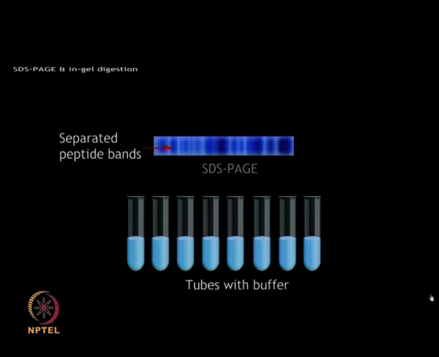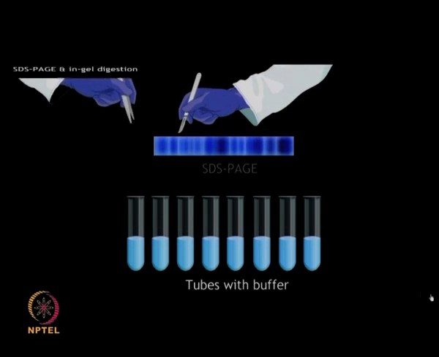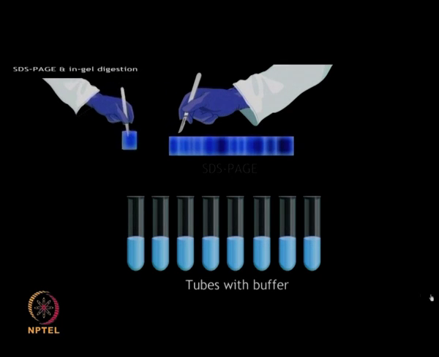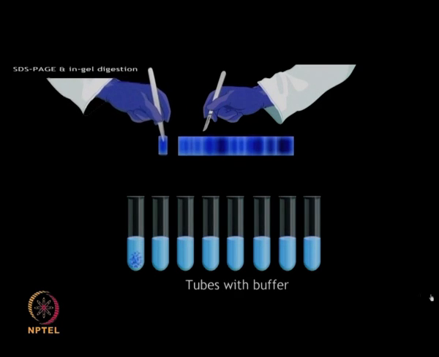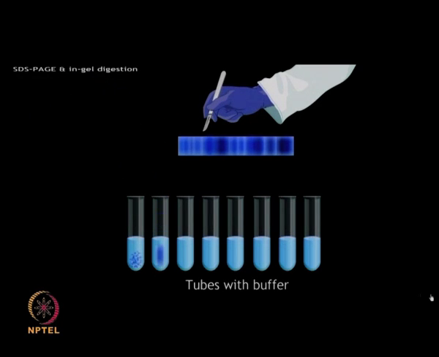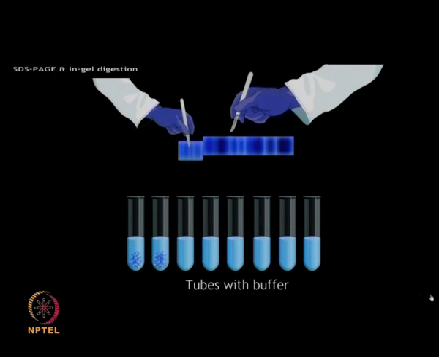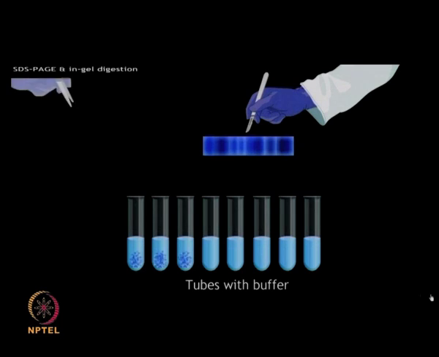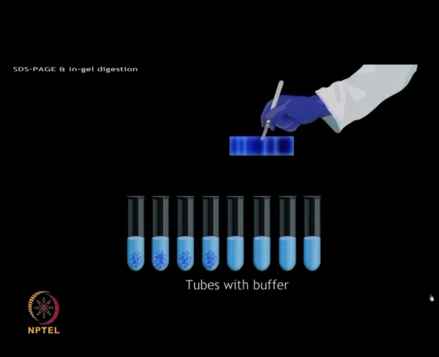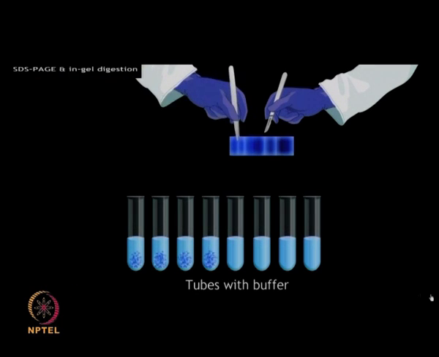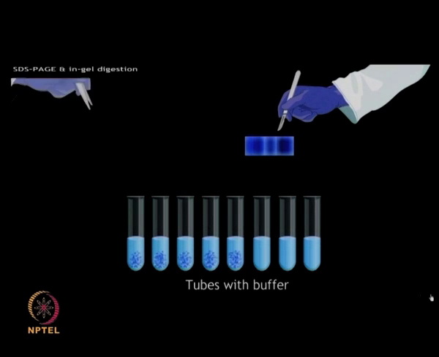The complex mixture of peptide fragments is further separated by SDS page to simplify this analysis. Each band of the SDS page gel is cut out and redissolved in a suitable buffer solution. These simplified peptide fragments can then further be used for mass spec analysis.